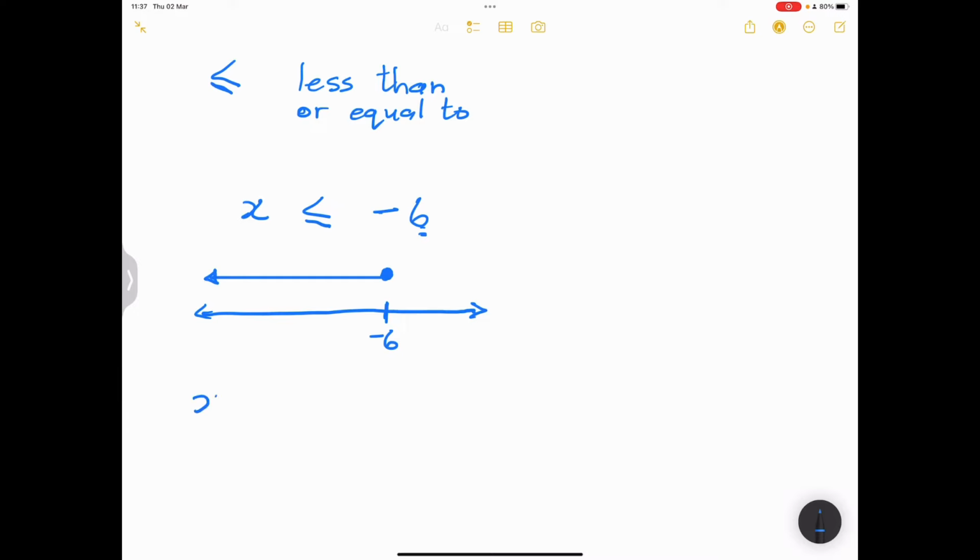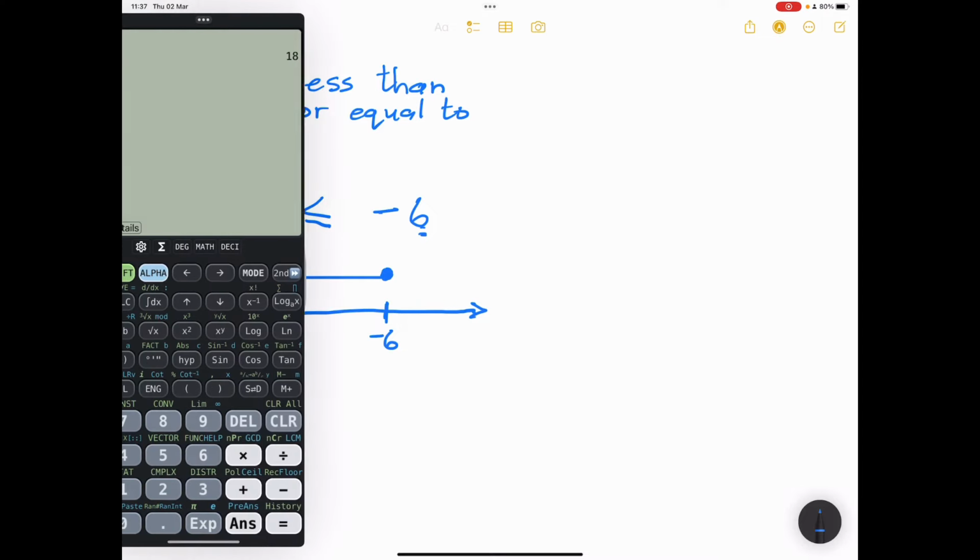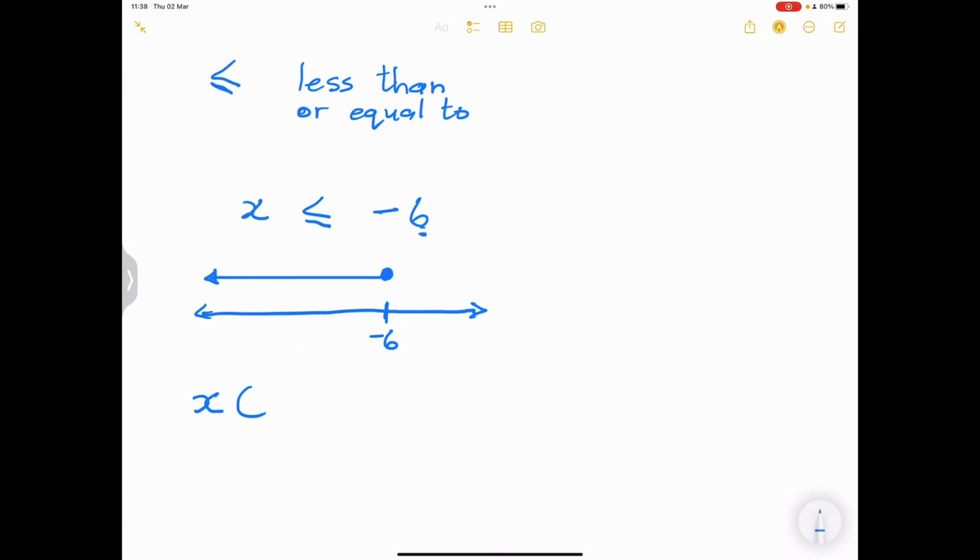But when we write it in interval notation, we're going to say x is an element of, remember we said when we go on and on and on, we'll end up at -infinity. Sorry about that. So that's -infinity. But we write it in ascending order. Remember, -infinity is much smaller. With your negative numbers, they get smaller as you go towards the left, right? So in this case, we're saying x is an element of -infinity.